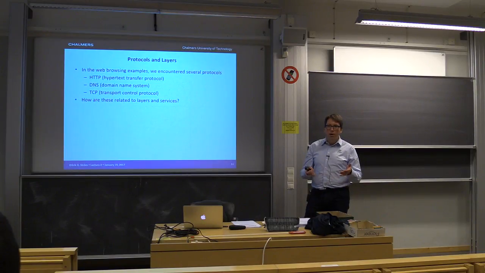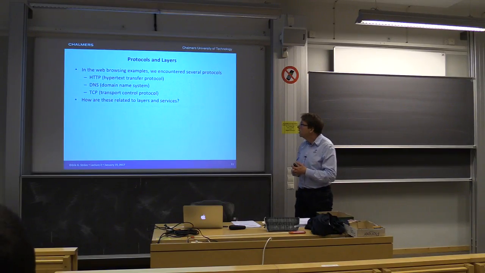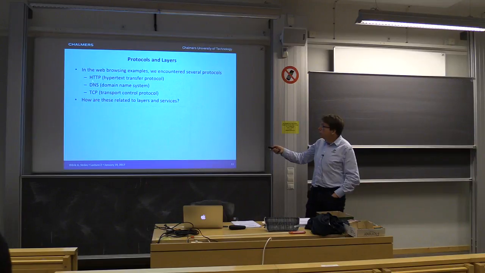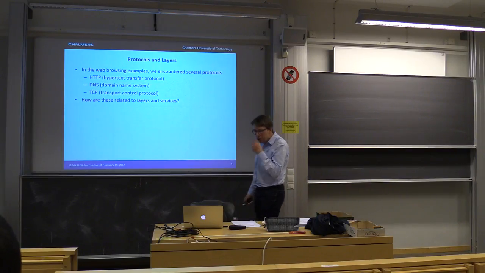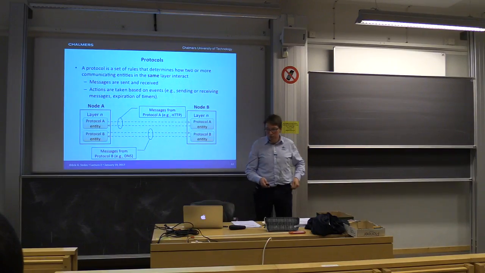So at some point you forget what the acronyms mean. Two network experts that talk to each other, it's riddled with acronyms. So that's a difficulty, of course, for an outsider to understand. But anyways, we used HTTP, which is Hypertext Transfer Protocol, DNS, and TCP. And how do these relate to layers? Well, let's talk a little bit about layers and services.